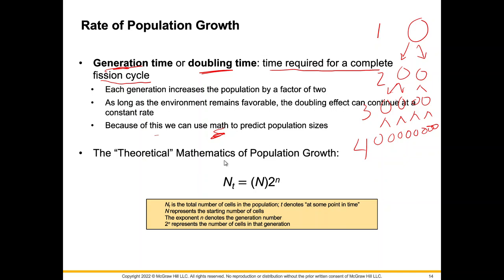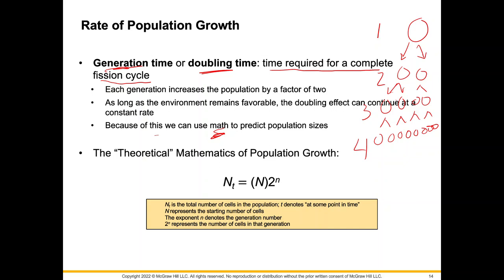The formula for that is N sub t equals N sub 0 times 2 to the nth power. Sorry, I misspoke, it was a little tongue twister. But what do these numbers stand for? N sub t is the total number of cells in a population. T represents this population number at any point in time.